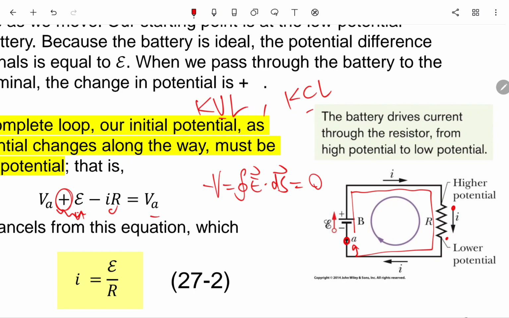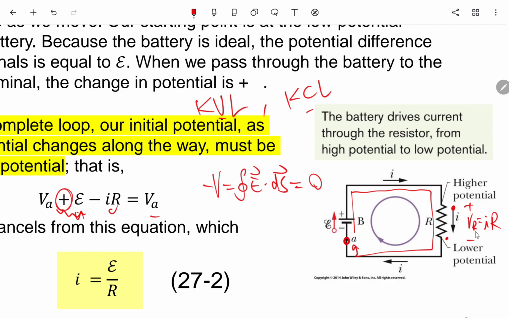As long as the current comes from the top, this point should have a higher potential and this point should have a lower potential, which means that, of course, this VR should be I times R for this point and this point.